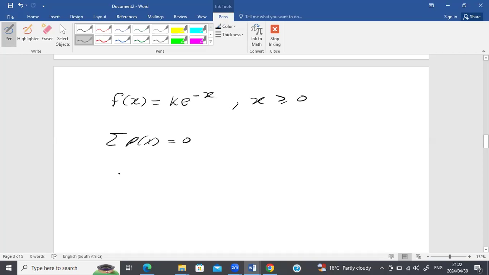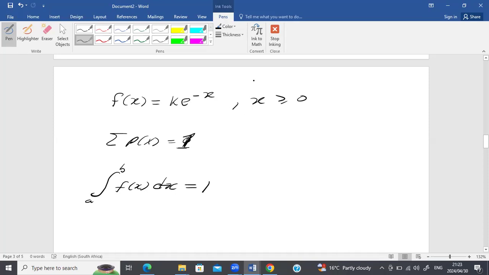For continuous, it's the integral from a to b of the function. So similarly, if you integrate the probability density function, the total is equal to 1.